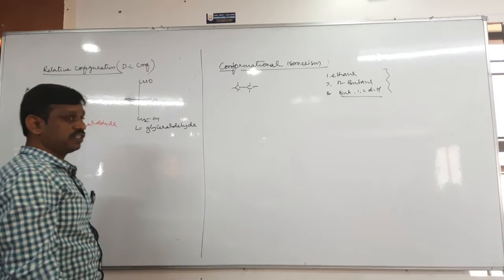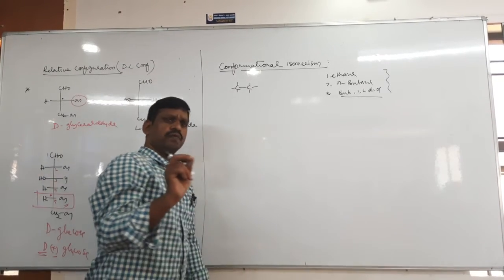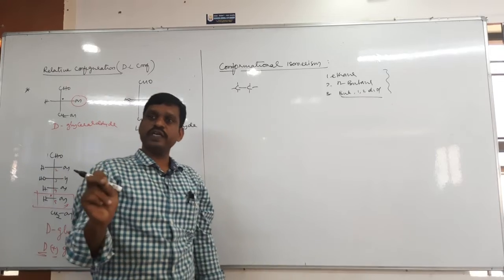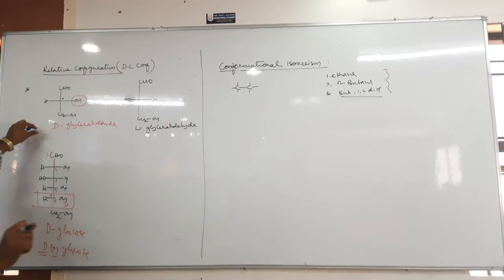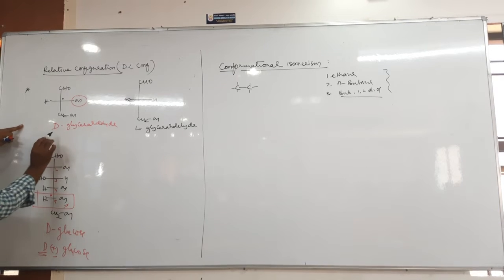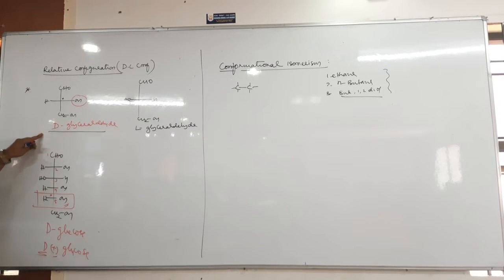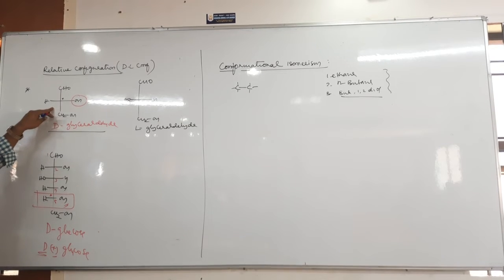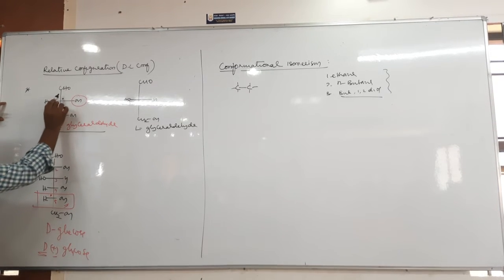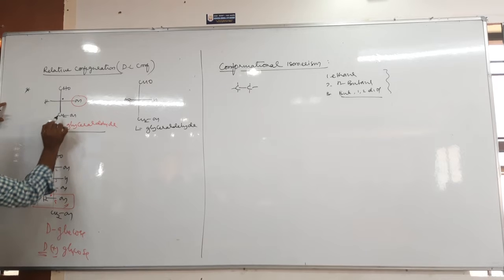Okay. See here. Now there is one important difference between conformation and configuration. We have taken this configuration. You see, D-glyceraldehyde has only one configuration. This is the configuration D. But this D-glyceraldehyde may have infinite number of conformations. How? You take this carbon-carbon bond.